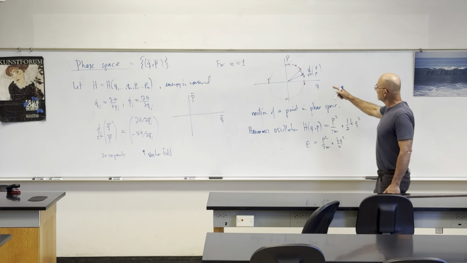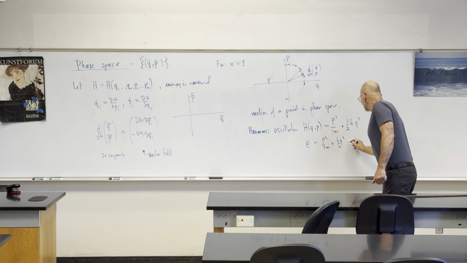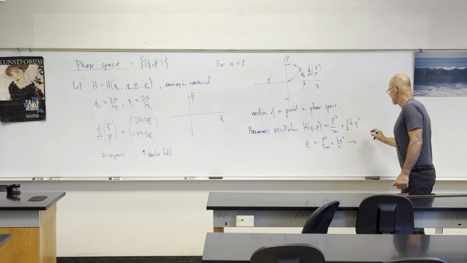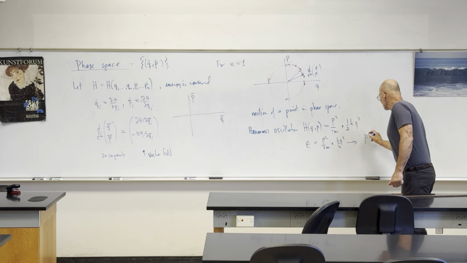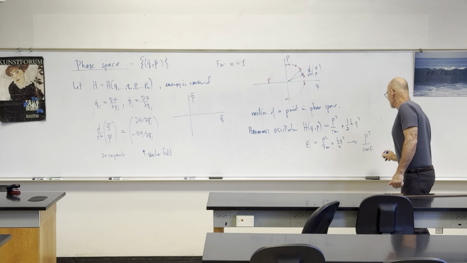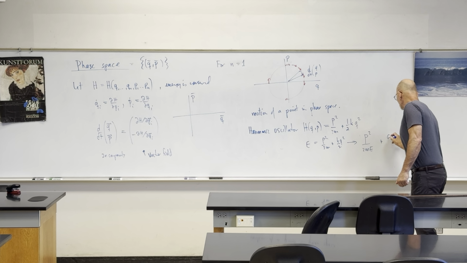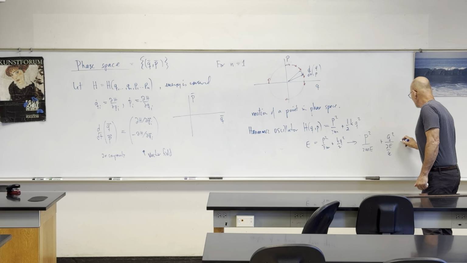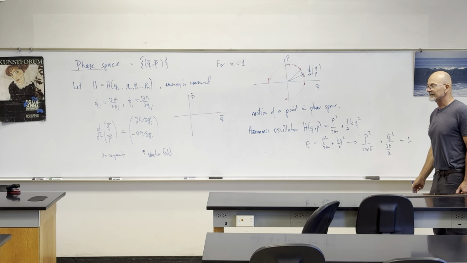And if we want to get some information about what's going on in phase space, we can write it this way: p squared over 2mE plus q squared over 2E over k equals 1.